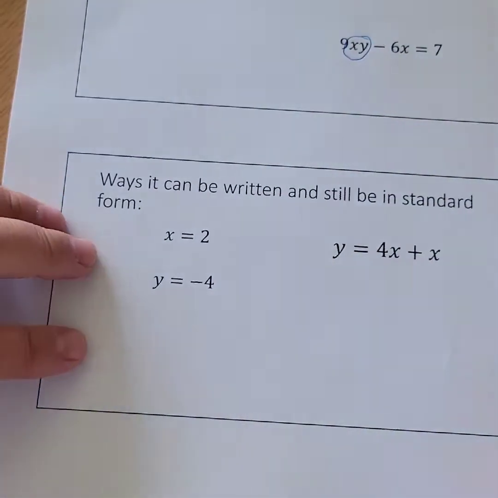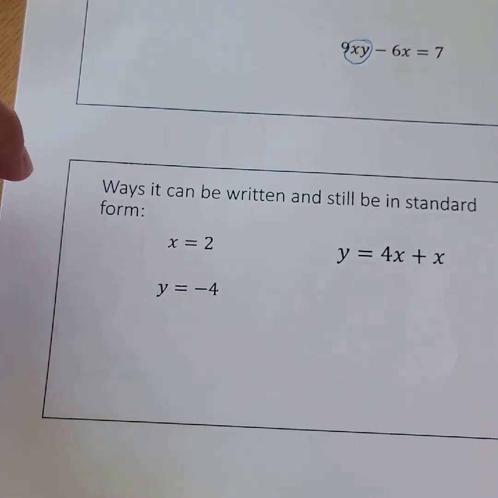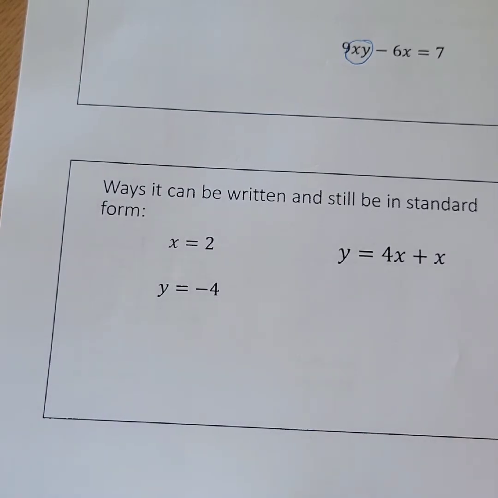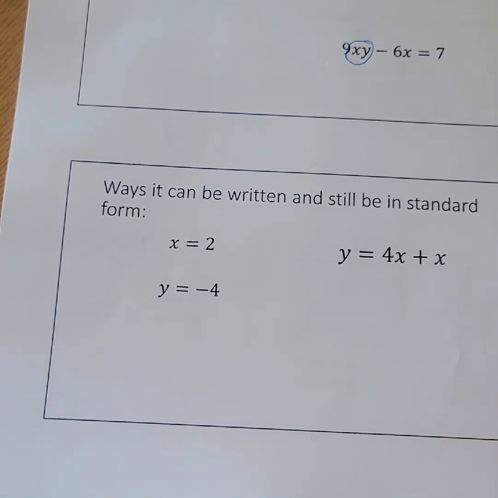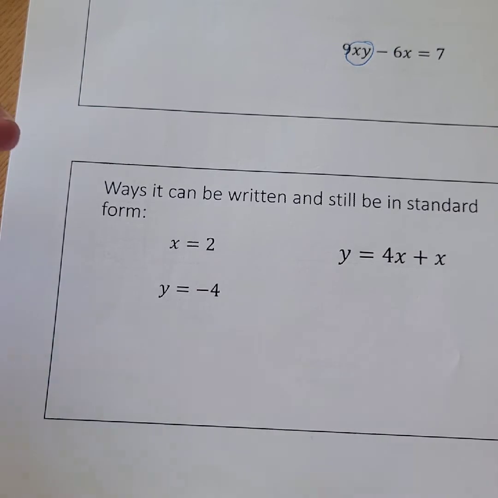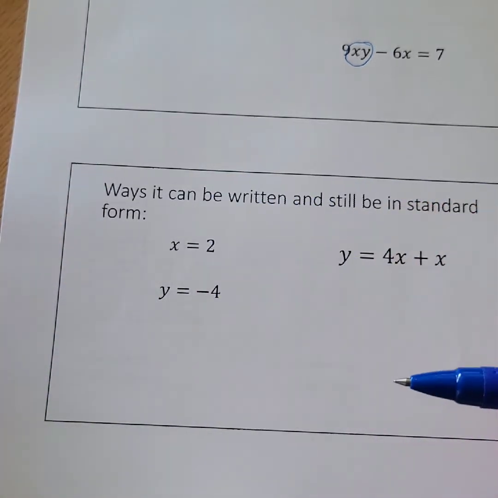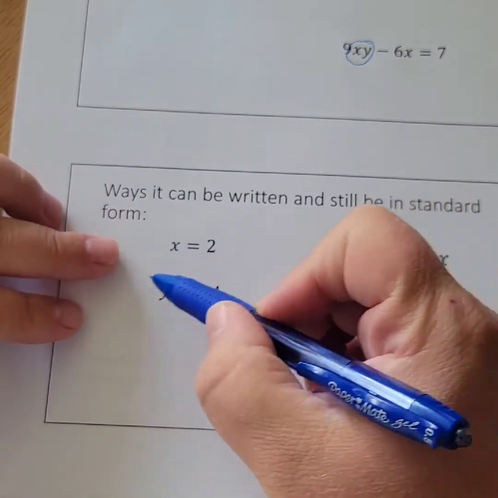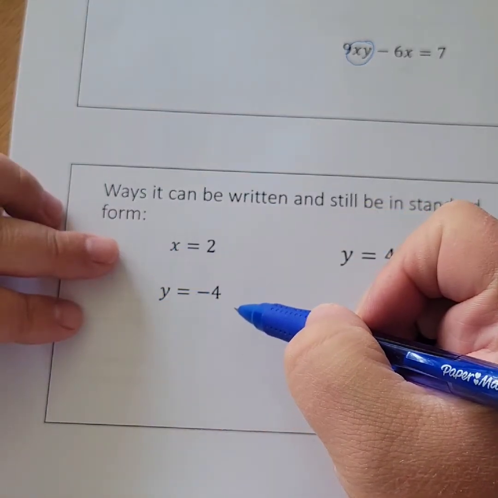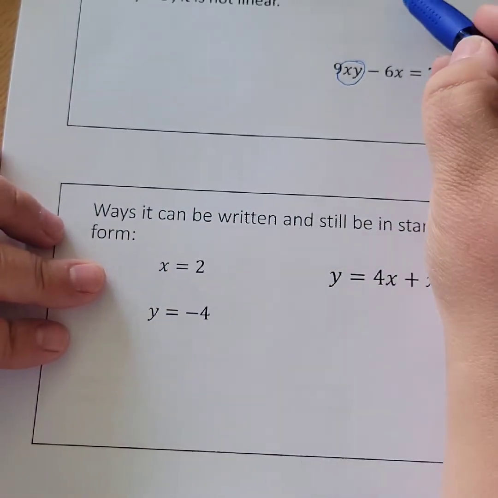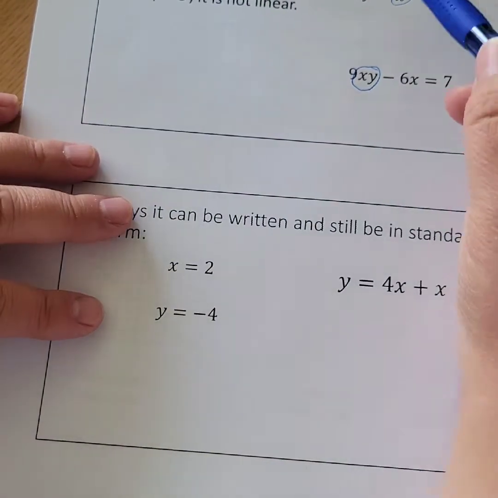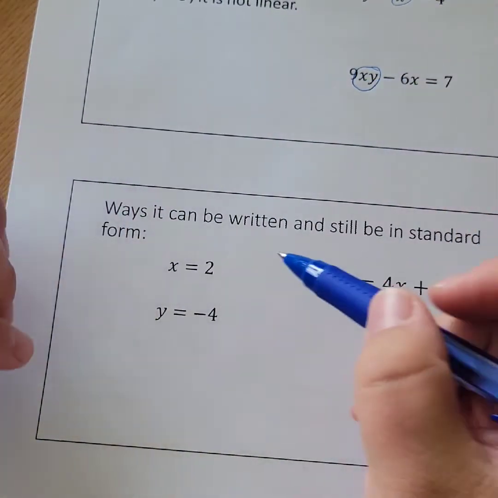All right, so there are a couple of exceptions, but not really exceptions. These are standard because they don't have anything like a squared or an xy or things like that.